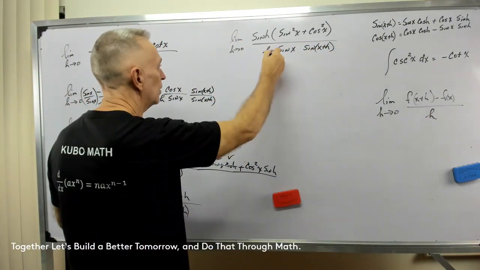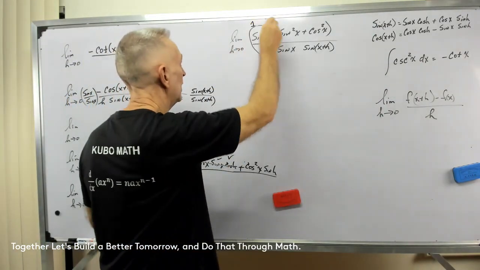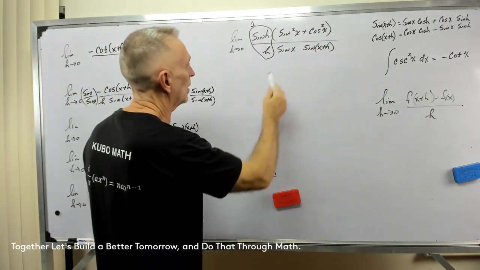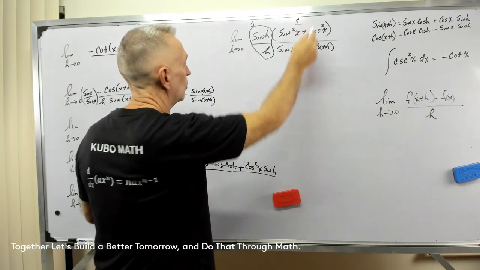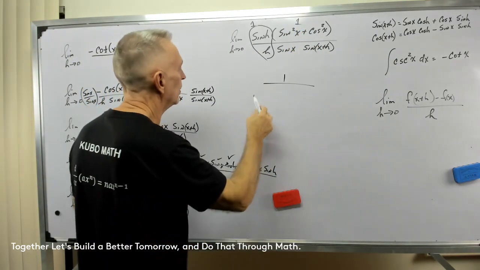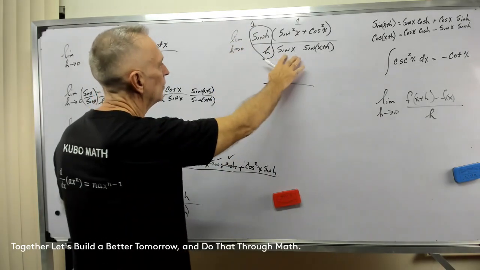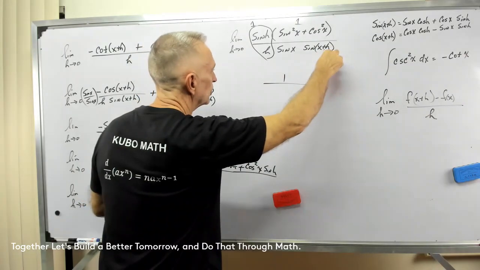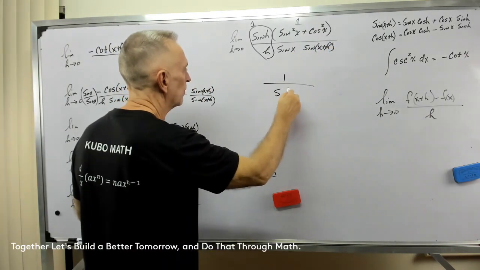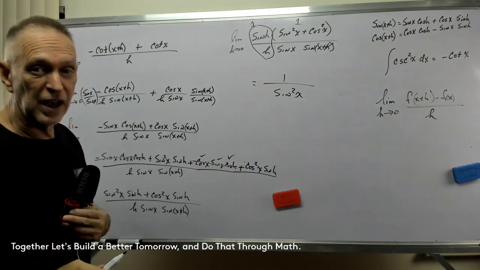If I go through that limit, sine h over h, we've studied this before, that limit is 1. Sine squared x plus cosine squared x is also 1. So in the numerator, I have 1. This h was taken care of, so it's gone. H approaches 0, so that one's gone. I end up with sine squared x in the denominator. What is 1 over sine?